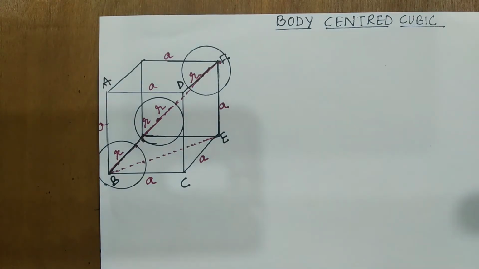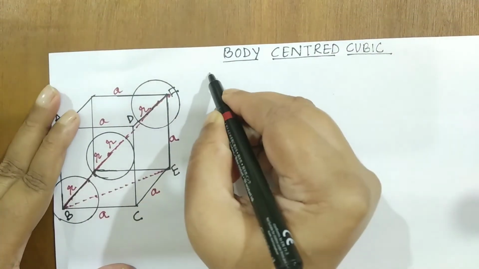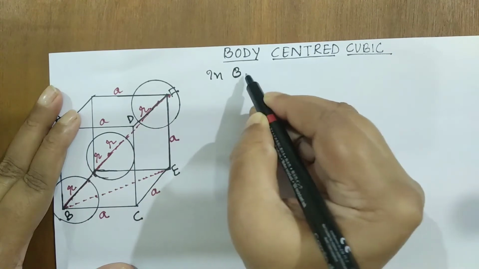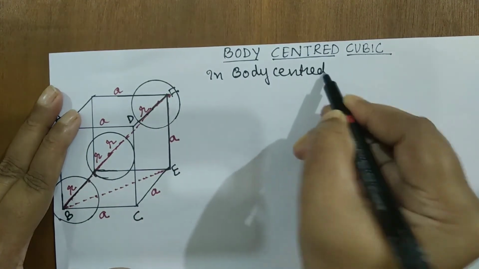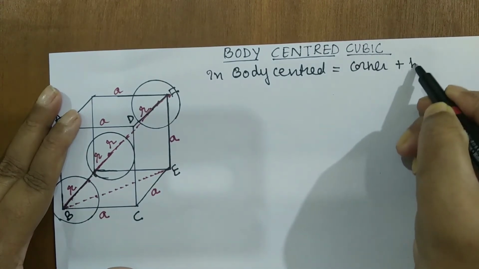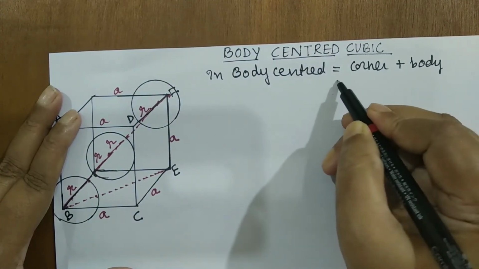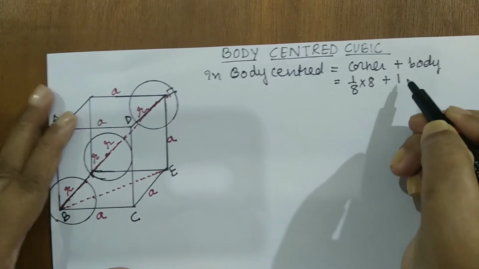Now let us start the derivation. You know that for body centered, there are atoms at the corners plus an atom in the body. So the corners contribute a fraction, and the body atom is a whole contribution.